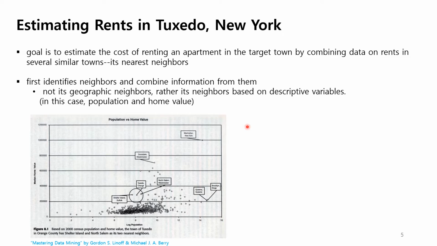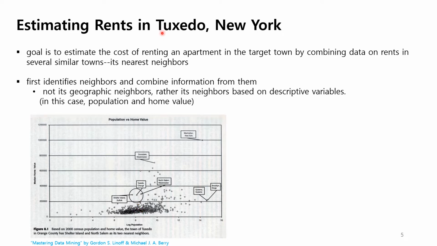In this picture we use two variables: the first is mean home value of city, and the second is the population of city. By using these two variables, we can display many cities here. Each dot here represents a city.